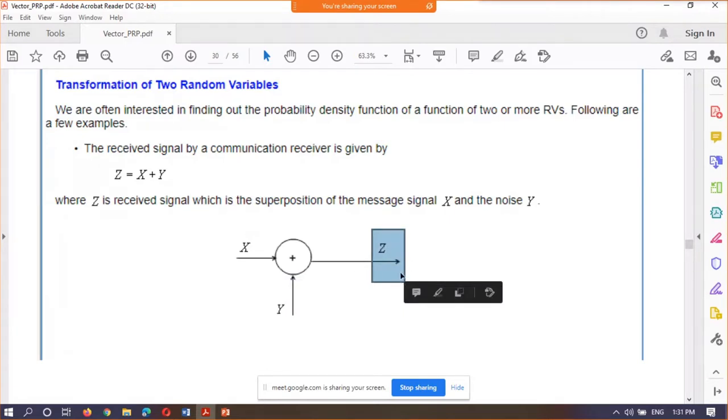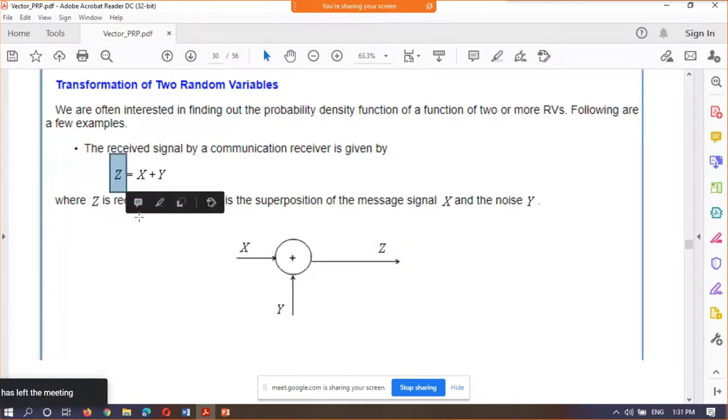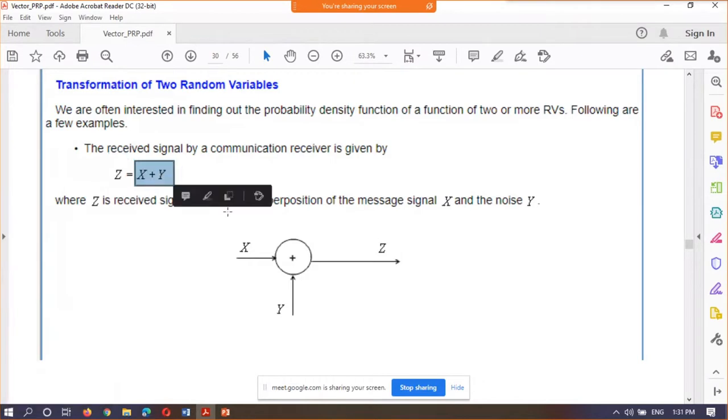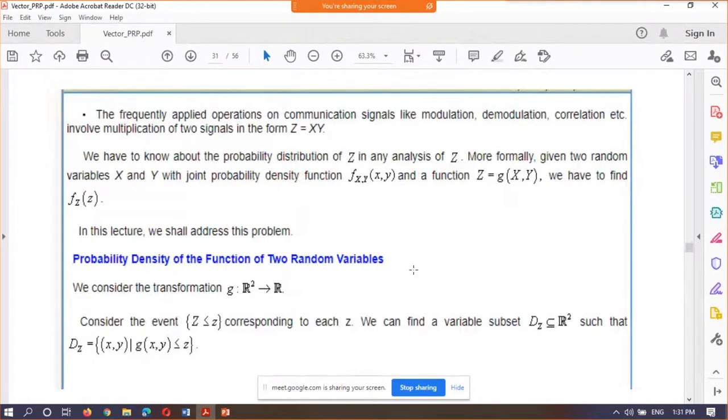What is the behavior of z? What is its mean? We are always interested in statistical properties like mean, variance, moment generating functions. So how we calculate these for z, if it is a sum, a product, or a division, we'll see.